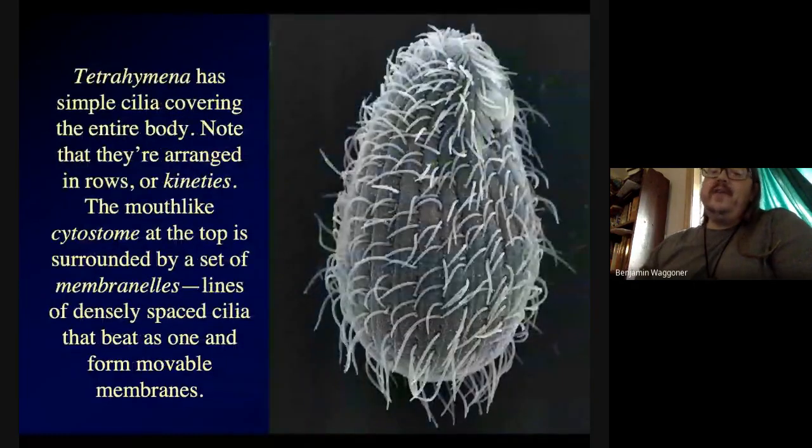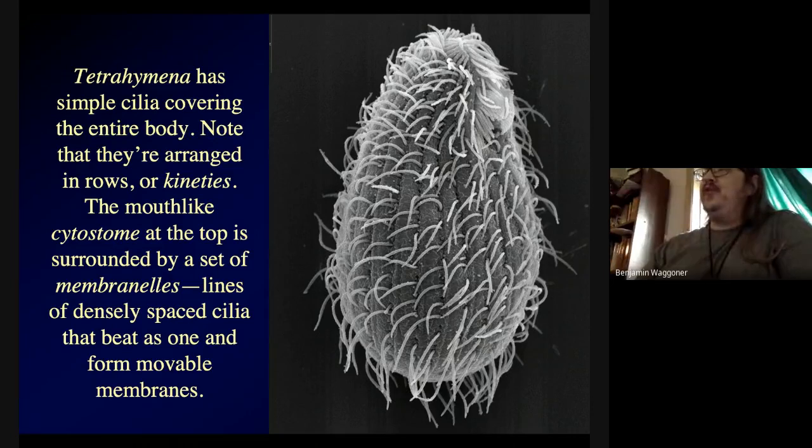Okay, there's a typical one that's Tetrahymena. This is one that you've probably seen before or will see if you've taken cell. You can see the cilia covering the entire body, and you can see that they're arranged in rows. The cytostome is at the top and a bit to the right, and you can't clearly see it, but there's some cilia that are spaced very densely around the cytostome.